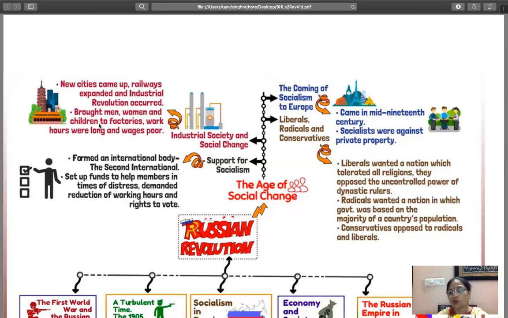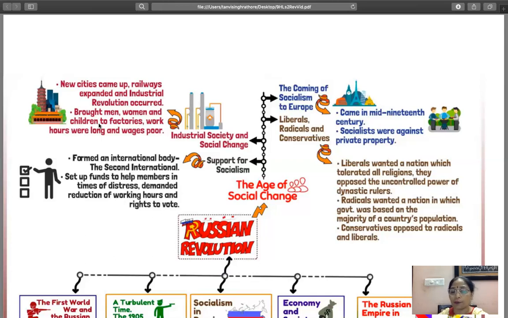This was the reason why Karl Marx, who wrote in his book Das Kapital, said that control should not be in the hands of industrialists or capitalists, the people who put in money and had industries.